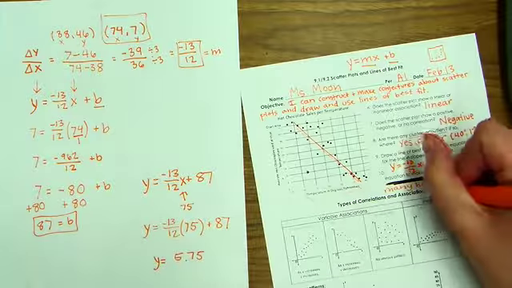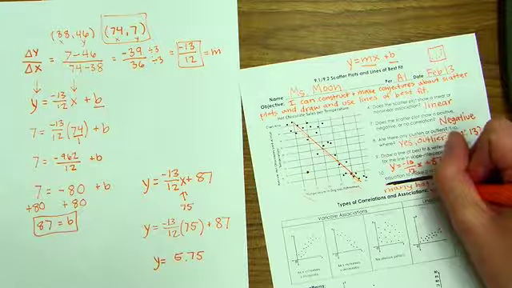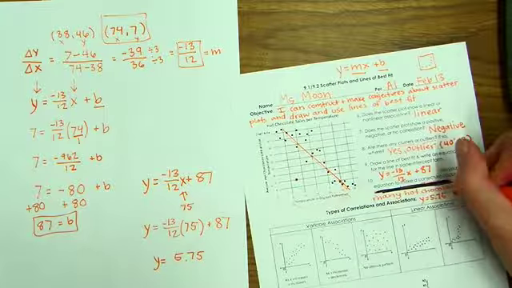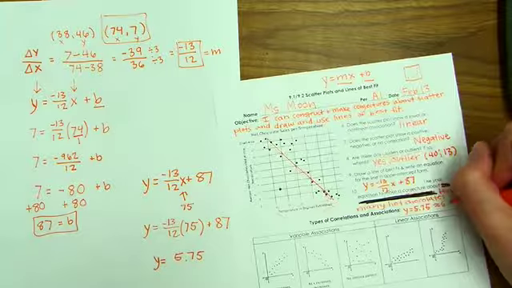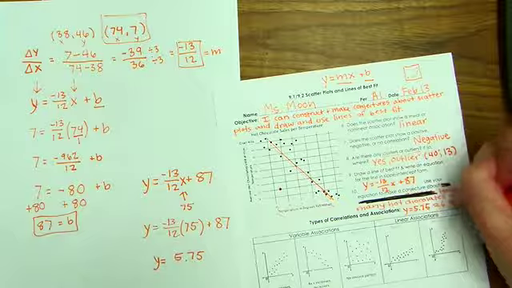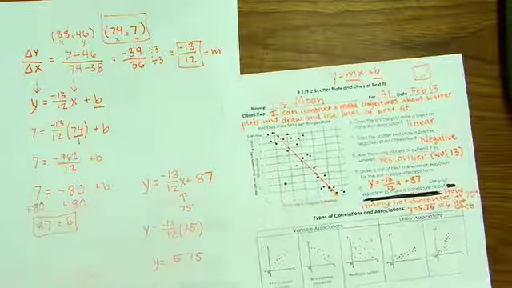So over here, I'll say y equals 5.75, or about 6, cups of hot cocoa. Awesome. So there's our hot chocolate example.